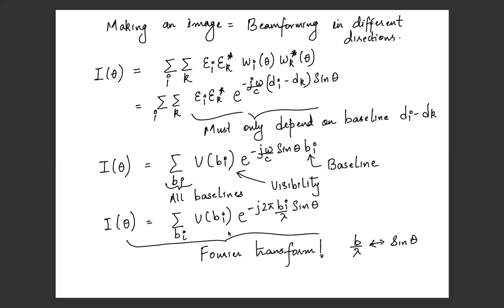Okay, so in this Fourier transform, what are the Fourier conjugates? The Fourier conjugates are the baseline in units of lambda, or the wavelength. Lambda comes from writing the angular frequency divided by c, omega by c, as 2 pi by lambda. So this is the baseline in units of wavelength.